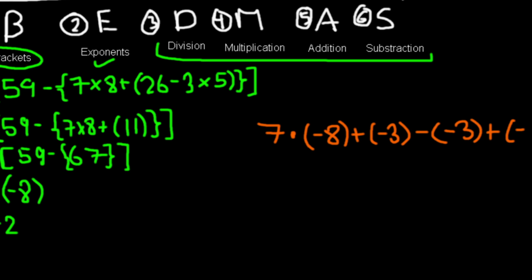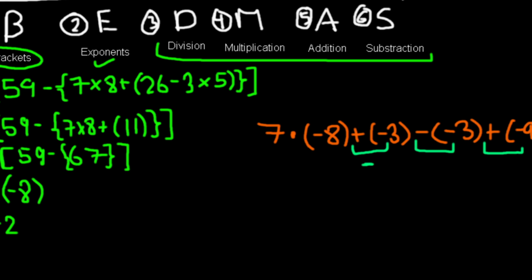Plus negative 9. Something to note here is that anytime you have two signs next to each other, you can bring them together to make the expression a lot more simpler. If you have a positive and a negative right beside each other, that just represents a negative.